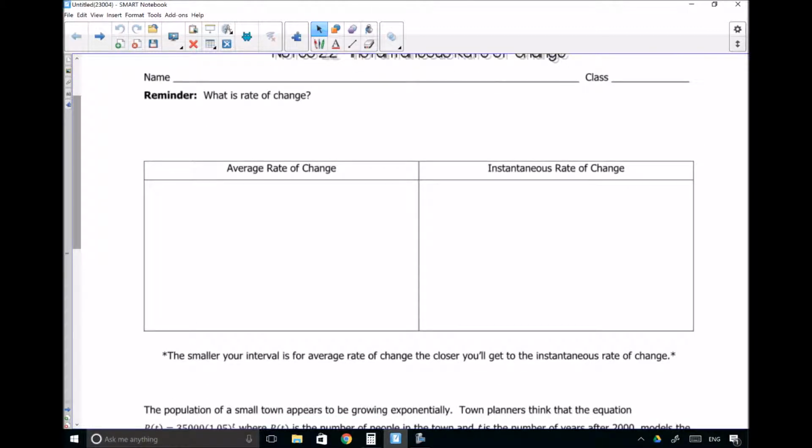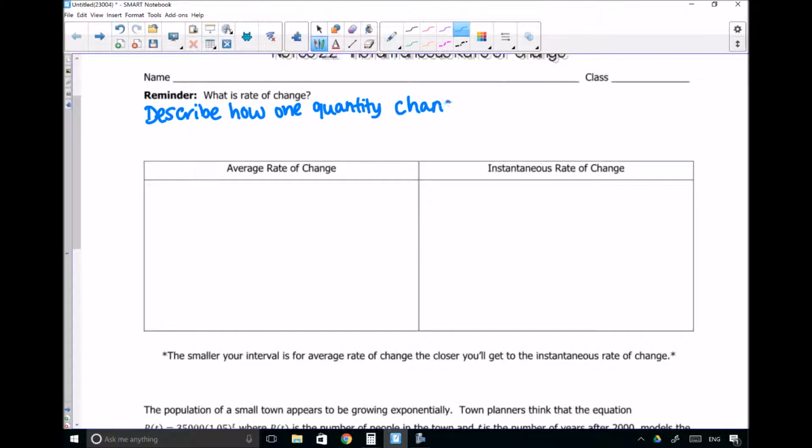in this lesson. So what is rate of change? Well, rate of change is just going to describe how one quantity changes in relation to another. Okay.